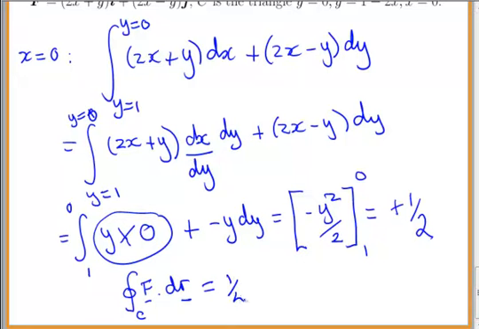So a quarter minus a half plus a half, giving the result a quarter. And that is the work done moving an object around the triangle subject to the vector field F.